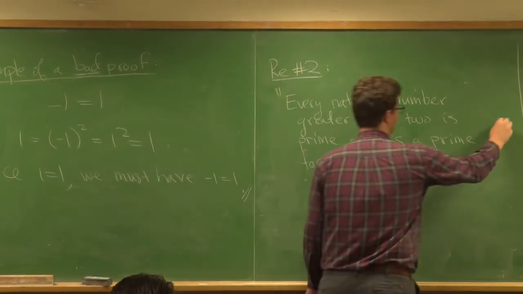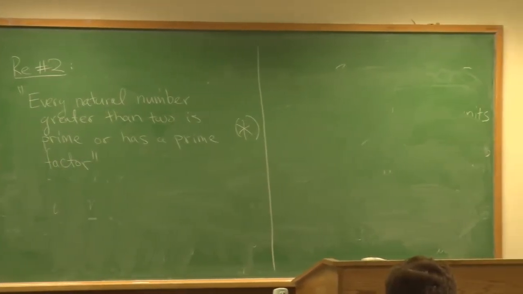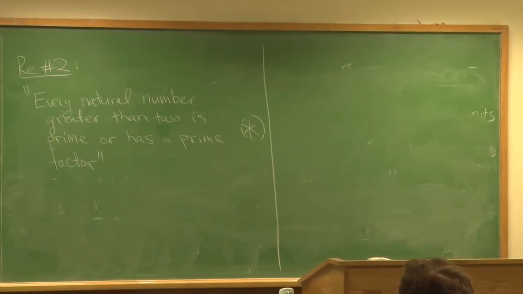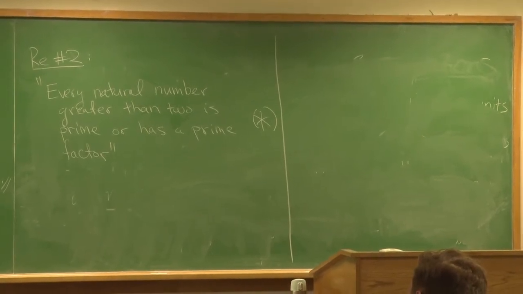I'm going to label this for future reference. I asked you guys to write this out in symbols, and I gave you some symbols. So let me show you how to do this correctly.